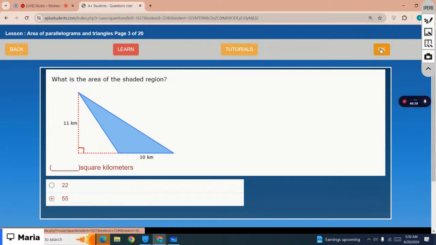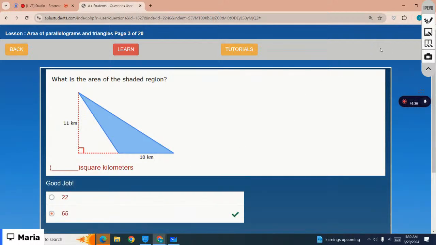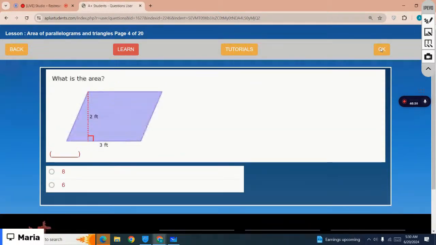Option number 2 is the correct option. What is the area?